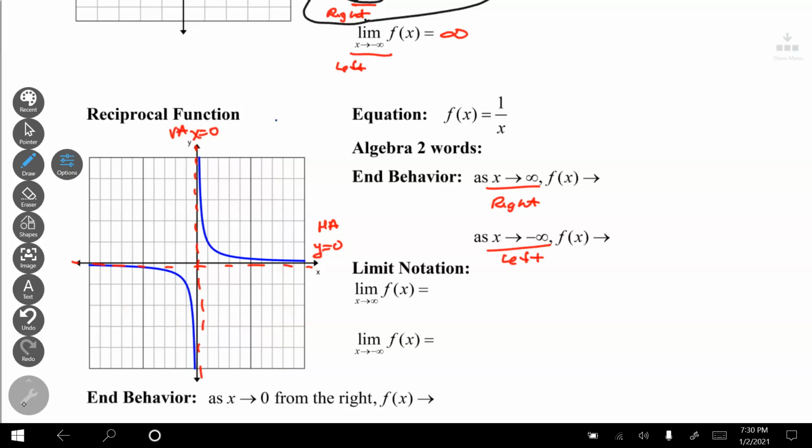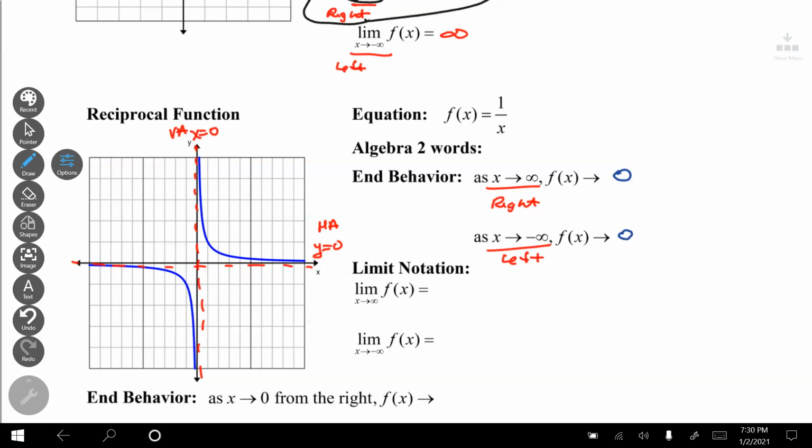And if you look at this carefully, it says as x goes to infinity, or as x goes to the far right, if I go farther right on this graph, it is leveling off to y equals 0, or f of x is equal to 0. The same thing as I go farther left, or as x goes to negative infinity, I'm getting closer and closer to y, or f of x, equal to 0.